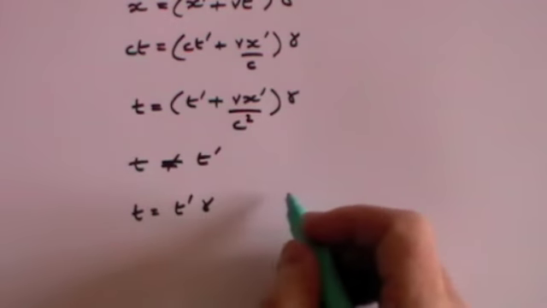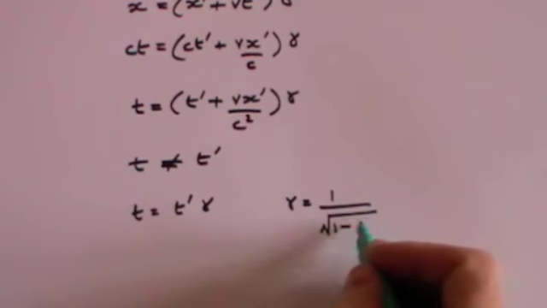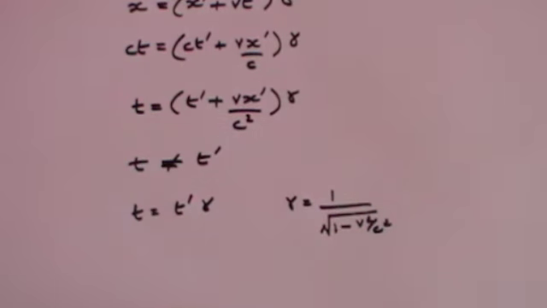And as we've already shown, that gamma is 1 over the square root of 1 minus v squared over c squared.